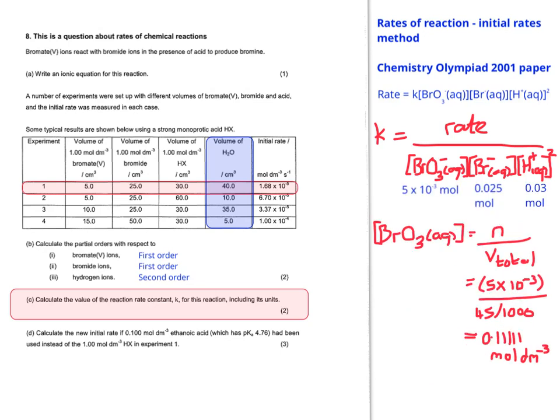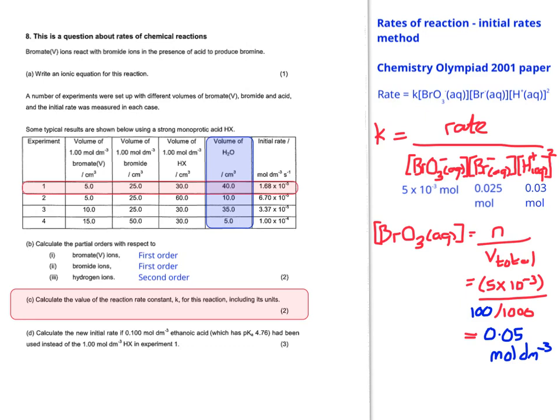So now we're taking into account the volume of H2O. To get the concentration, you need to take the number of moles that you have and divide it by the total volume in that particular mixture, in that experiment. So the total volume is, sorry, I beg your pardon, it's not 45, it's everything together, so I'm just going to change that.